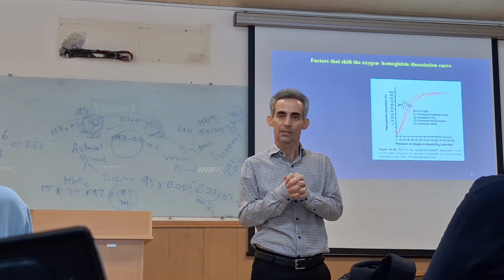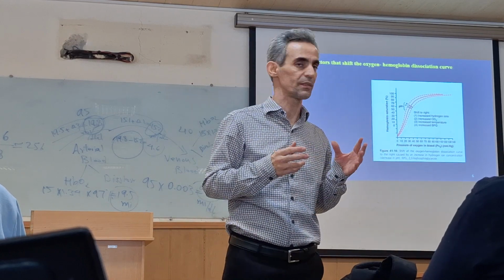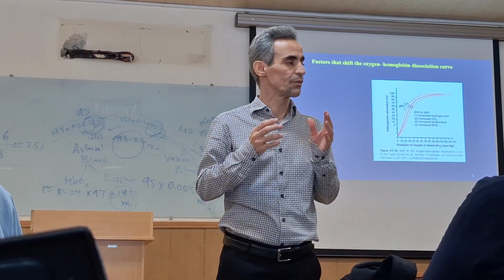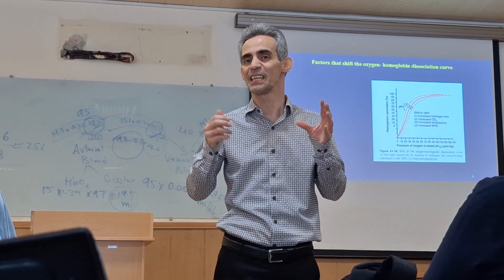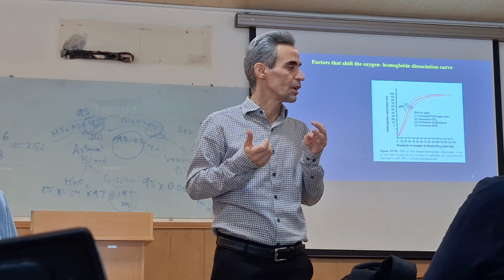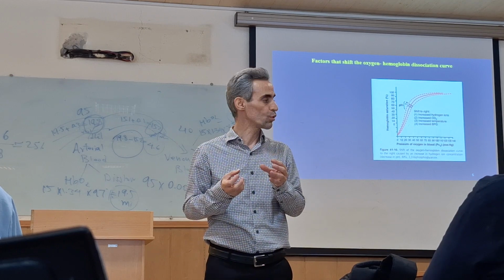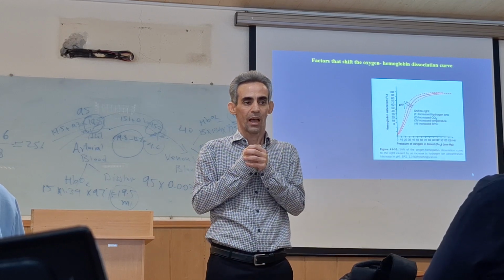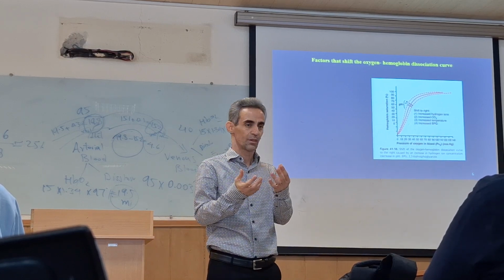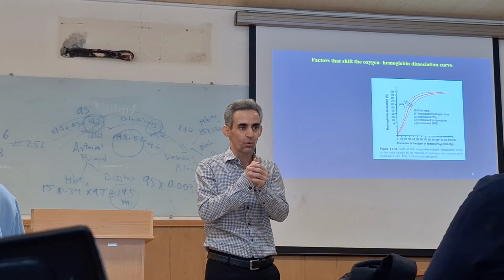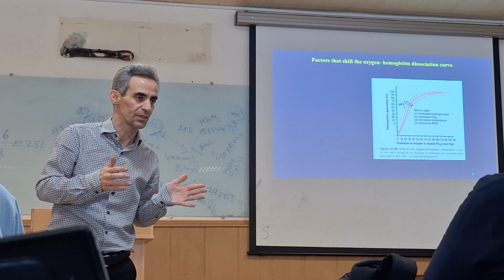Okay, by this we can talk about shift to left and shift to right. When I say that we have shift to left, it means that the affinity of the hemoglobin to oxygen increases. The oxygen cannot easily release from hemoglobin. Hemoglobin wants to keep this oxygen and doesn't want to release it. In this situation, we say that we have shift to left.